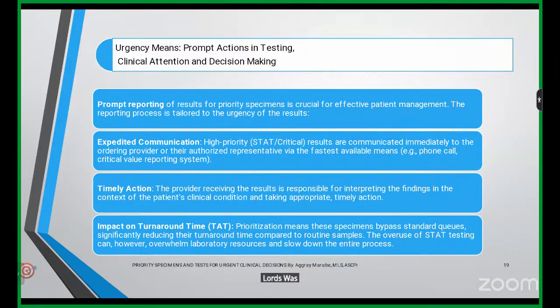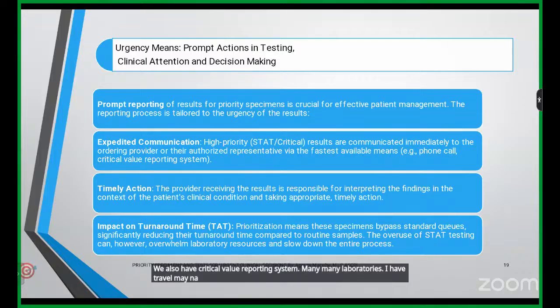We also have a critical value reporting system. Many laboratories that are middle level to large have systems that are robust, especially in reporting critical values.